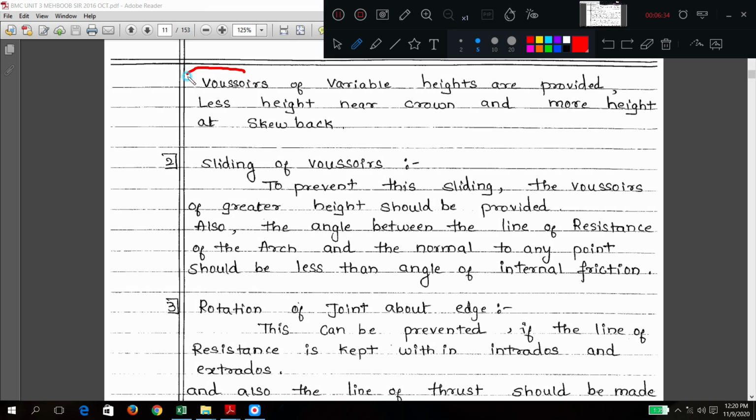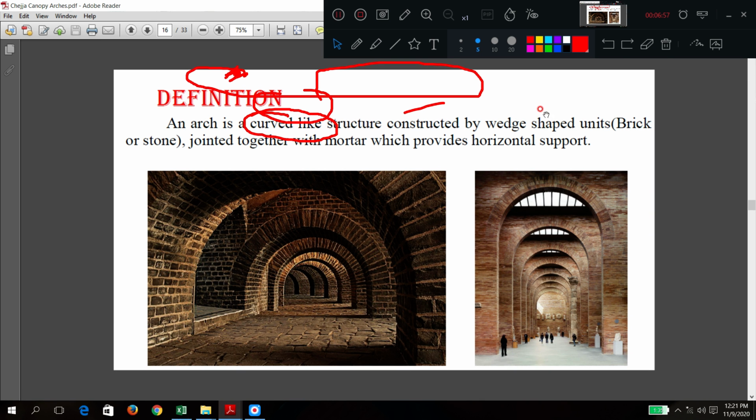Sometimes you get different heights in the voussoirs to be more stable. To get more stability, you get more changes in the dimensions of the stones. Height is less near the crown and more near the skewback. Can you see the diagram here?